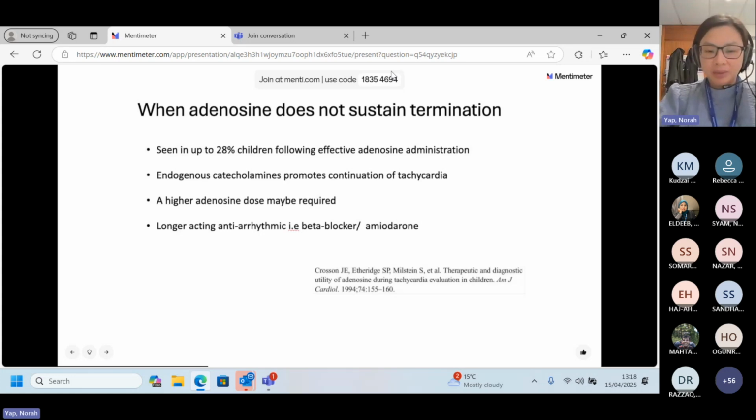In a paper written by Crosson in 1994, they looked at adenosine administration in children who presented with SVT, and they found that 28% of the children who had effective adenosine administration do not have sustained termination.